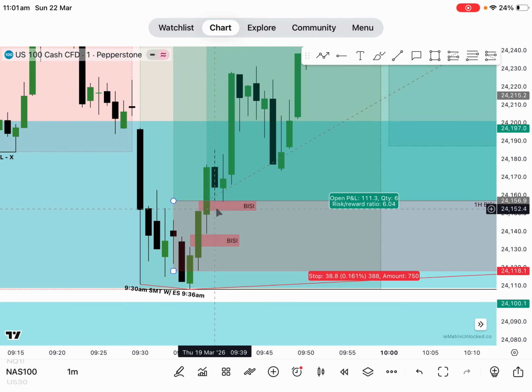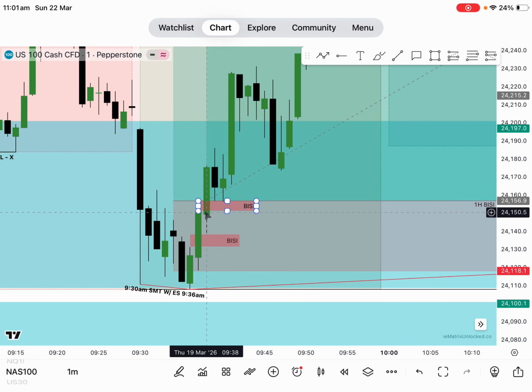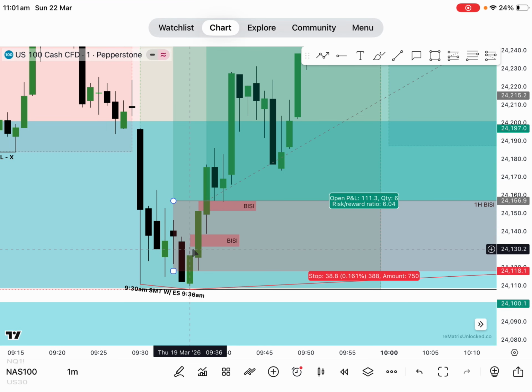But look, the targets and the stop loss are going to be almost the same, because even though it did not get filled on this BC, your first candle, second candle, third candle, because these three candles created this BC.